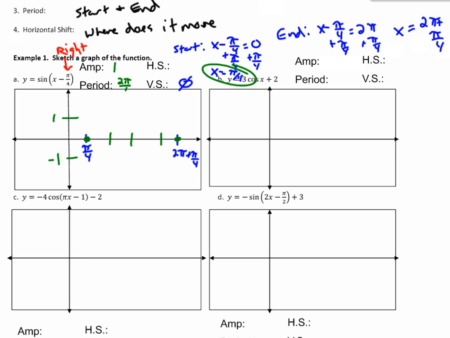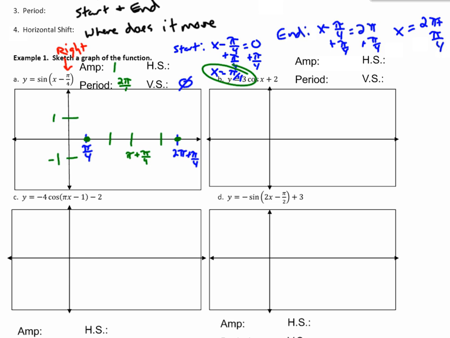The normal one goes through pi over 2; my next one's going to move it over pi over 4 because of my horizontal shift. Then the second one usually goes through pi, but I move this over pi over 4, so it's pi plus pi over 4. And then the third one usually goes through 3 pi over 2. I add pi over 4 to that, and I end up at the next point.